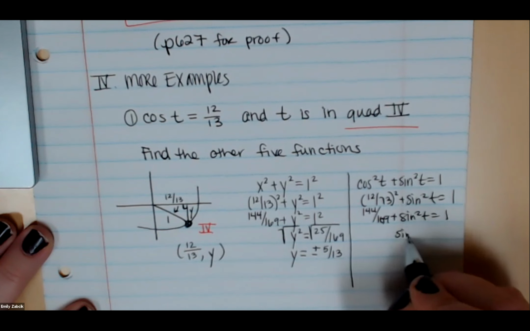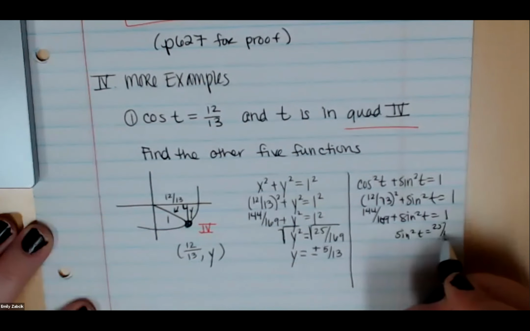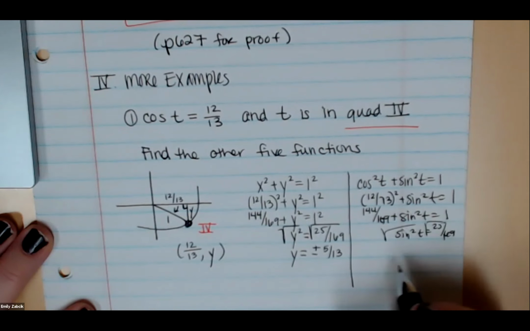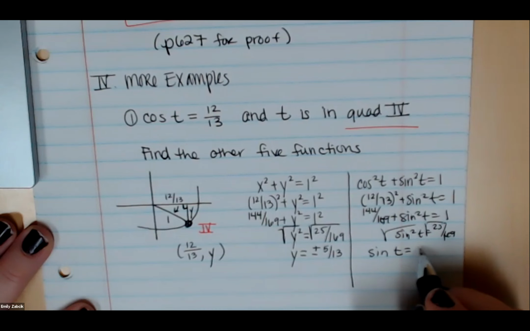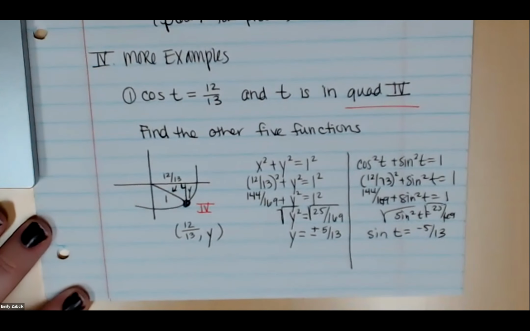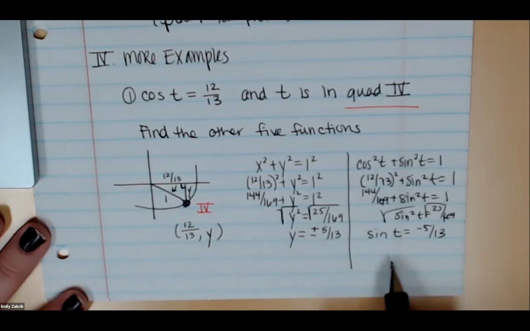Subtract it over. I get sine squared equal to 25 over 169, just like here. Square root. So I get sine t is equal to plus or minus 5 over 13. But again, we know that we're in that fourth quadrant, so the negative is the answer we want. So all the same steps are following suit. I just want to show you this alternative way you could have approached this.